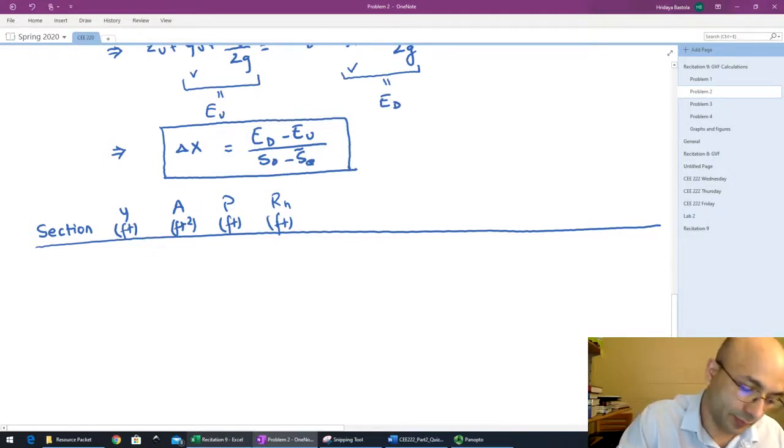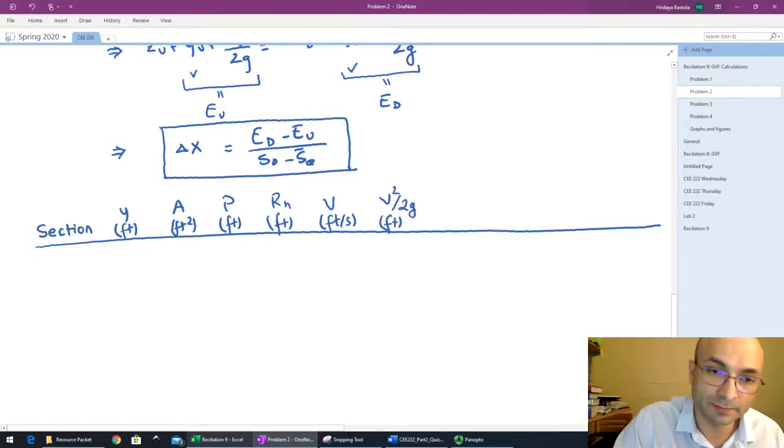Given Q and the area that we just calculated, we'll be able to calculate the velocity in feet per second. Once we get the velocity, we can get the velocity head in units of feet.